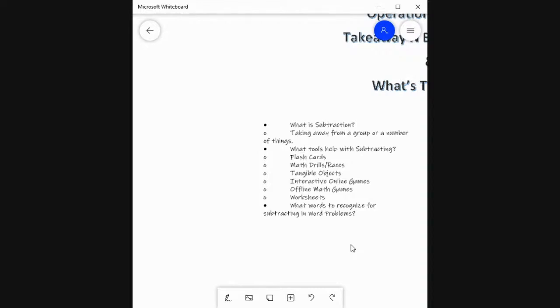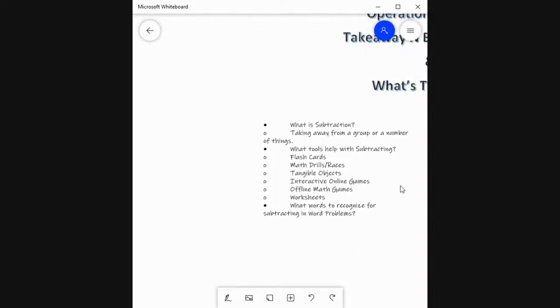Math Aid is my favorite one because it allows you to customize how many problems the child can do and what numbers you would like to put in for your worksheet. Say for instance, I want 9 problems, and I want to subtract within the number 20. It'll stop at 20. It won't go past 20. And say I want to add in decimals or anything like that. Math Aid is a great tool for customizing your worksheets.